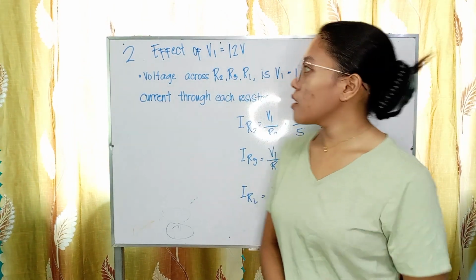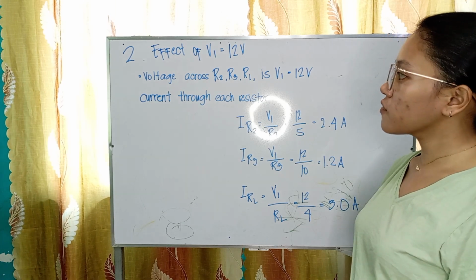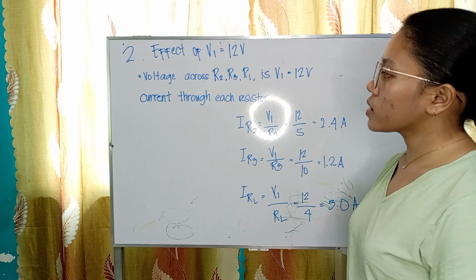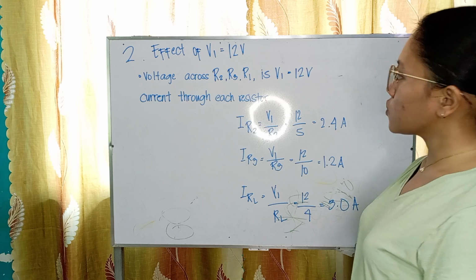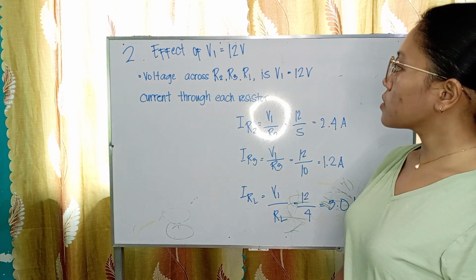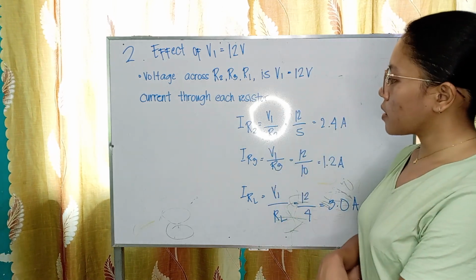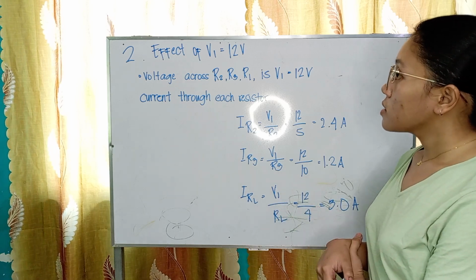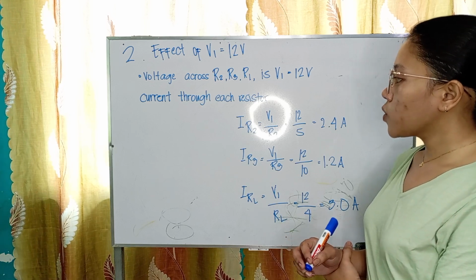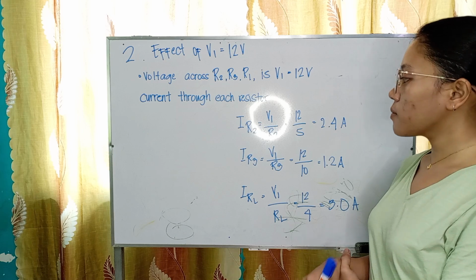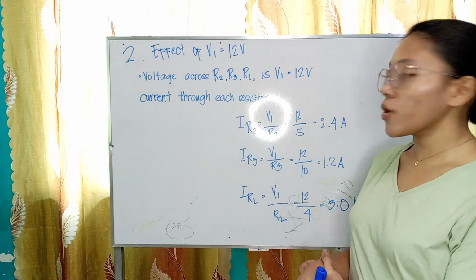And now let's proceed to part 2, which is the effect of voltage sub 1 equal to 12 volts. In this section, the voltage across R sub 2, R sub 3, and R sub L is V sub 1, equal to 12 volts. So the current through each resistor: I R sub 2 is equal to V sub 1 over R sub 2, equal to 12 divided by 5, equal to 2.4 amperes.